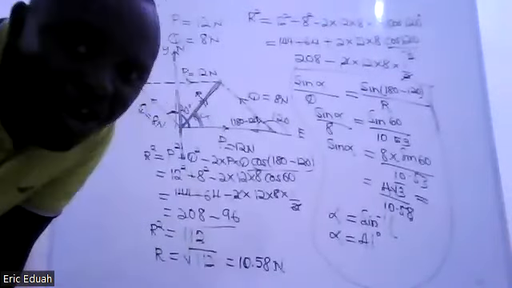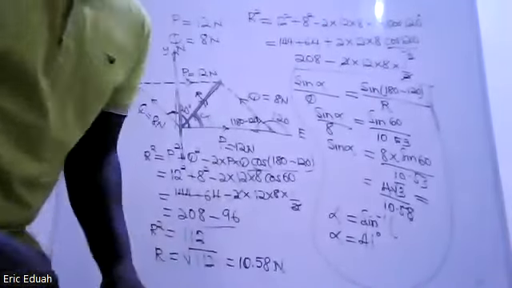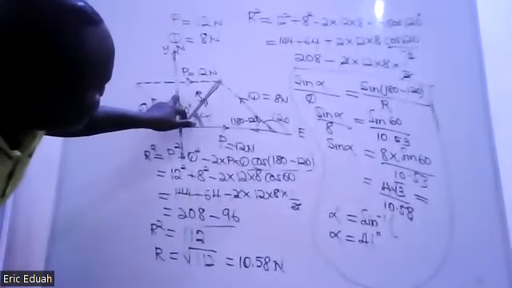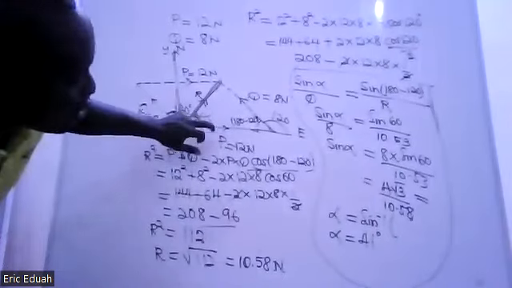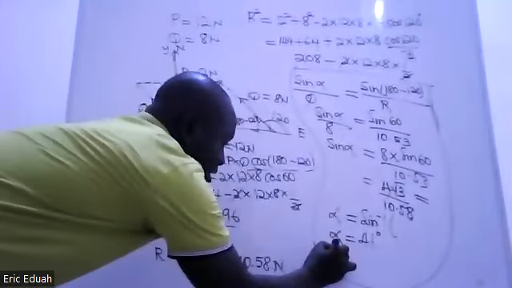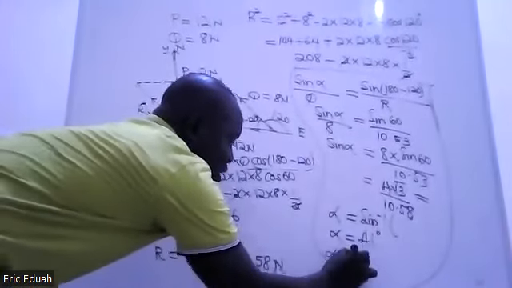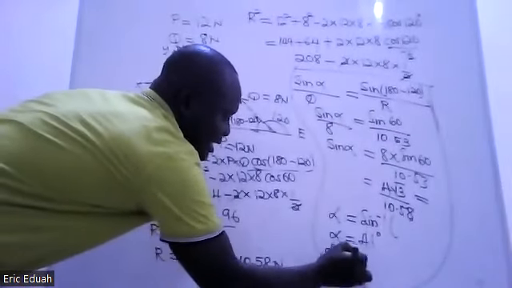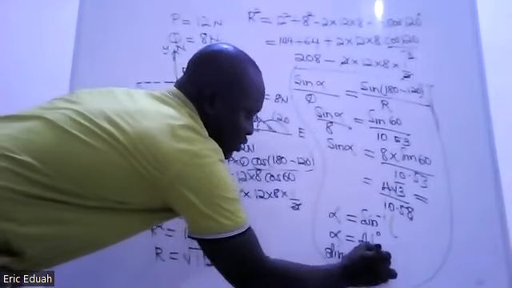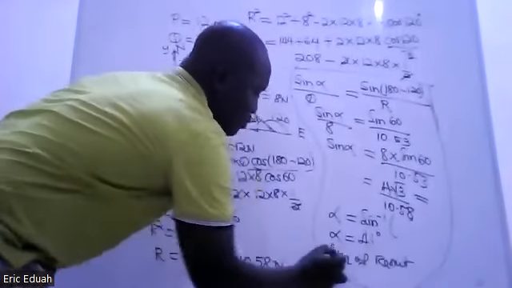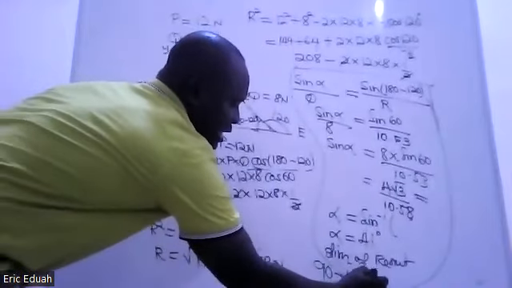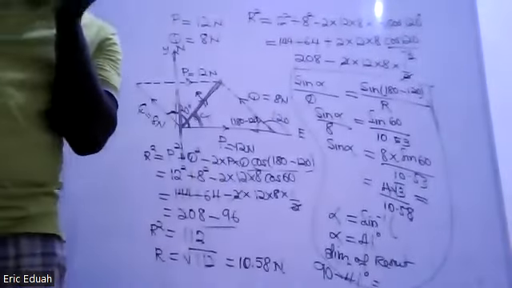Or you can also take the direction of the resultant from the y-axis, or the north. So the direction of the resultant can also be 90 minus 41 degrees. And what is 90 minus 41 degrees?